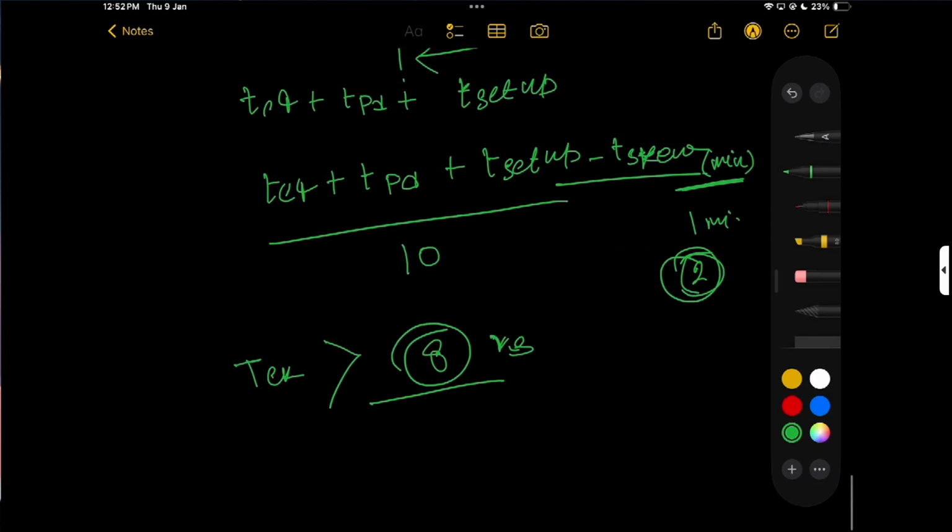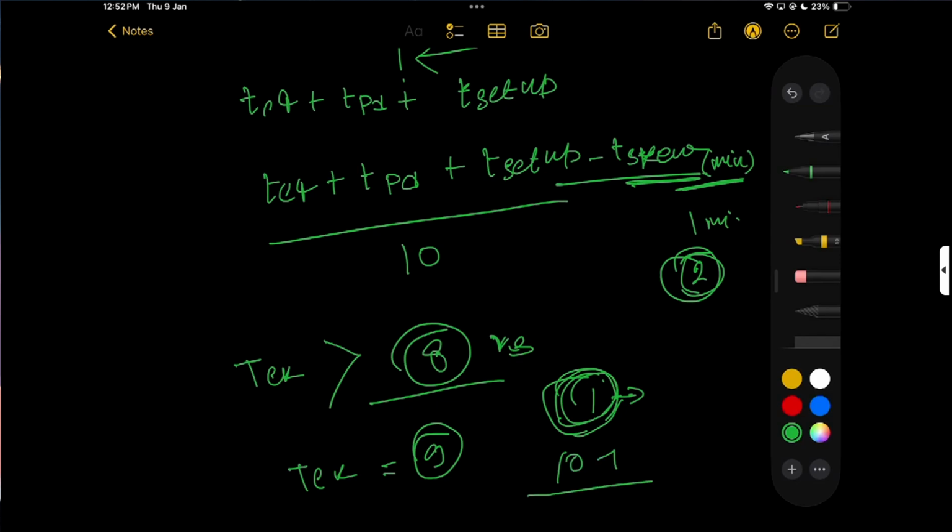But suppose sometimes your T skew delay is 1. Suppose contamination delays happen in the T skew circuit, so the clock comes early, at 1 nanosecond. Then what happened? Your T clock required is at least 9, because 10 minus 1, so 9 is required.